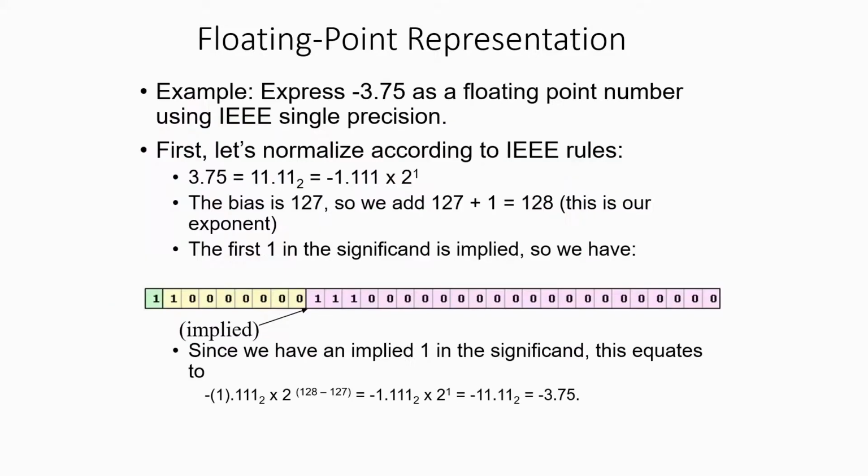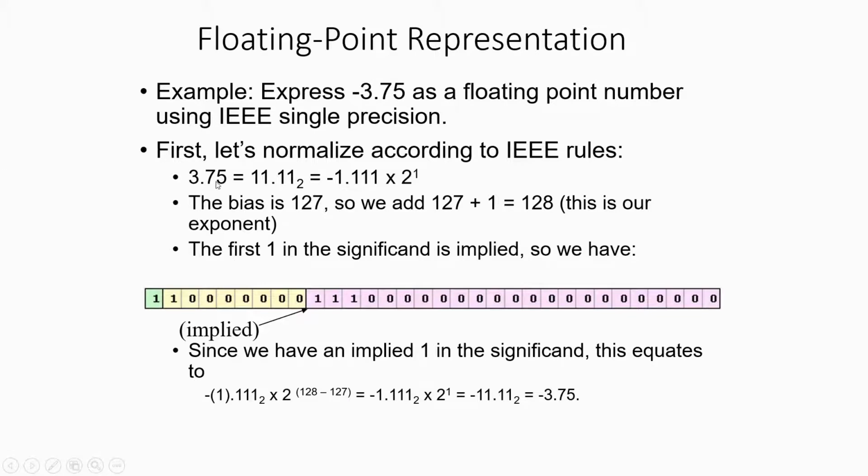Let us see with an example. Here is the example. If we write a program float f equal to minus 3.75 as the floating point number using IEEE precision, so usually what the computer does, it takes its binary number and converts it into its corresponding binary representation.